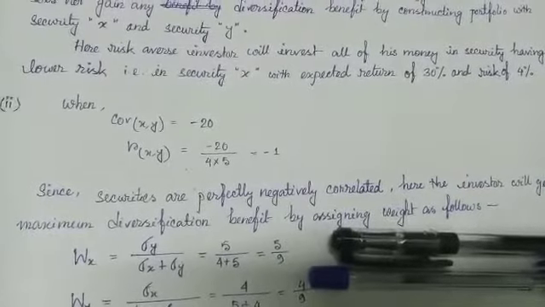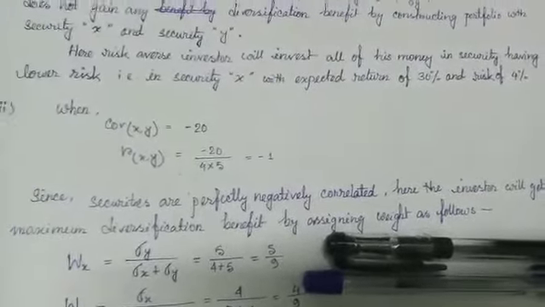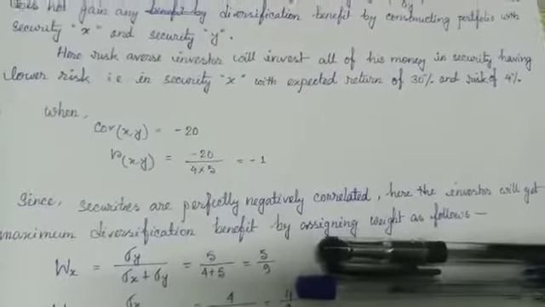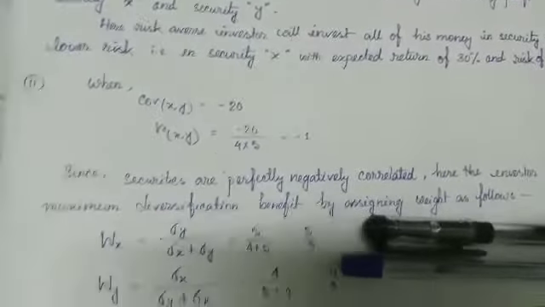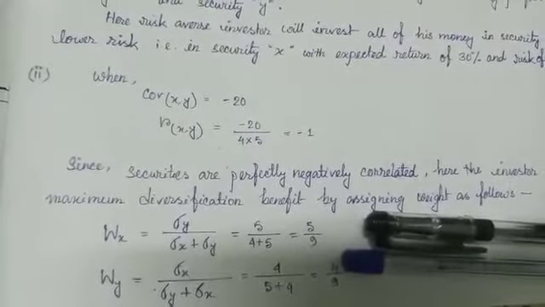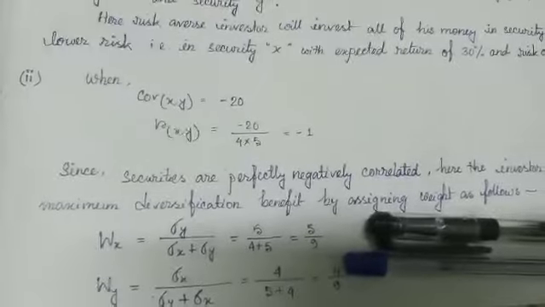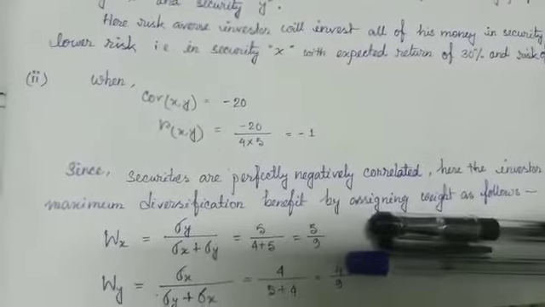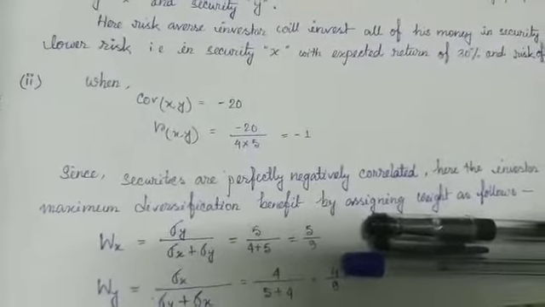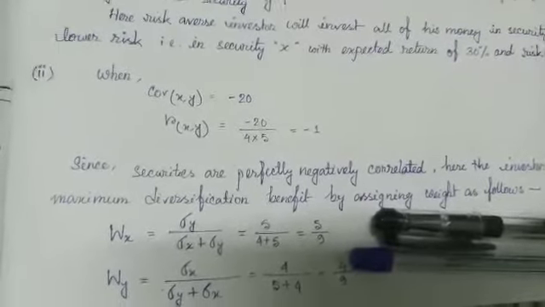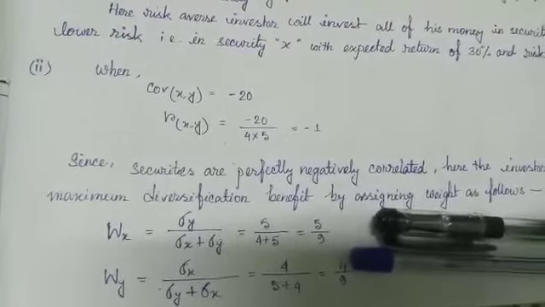Now the measurement of weight where these two securities are perfectly negatively correlated, that means where the correlation coefficient is minus 1, and what the optimum weight for security X and security Y will be, was discussed in our earlier class.